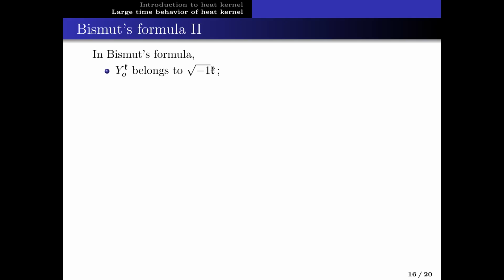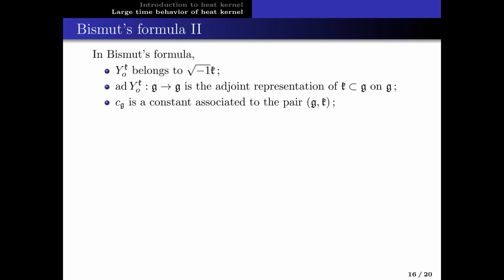Or you can see this as some kind of Fourier transform. And now for this algebra element, as we mentioned, we can look at the Lie algebra representation of the Lie algebra k on g.